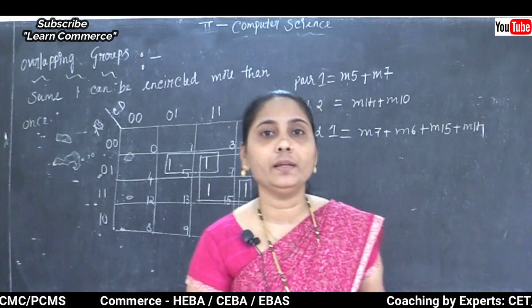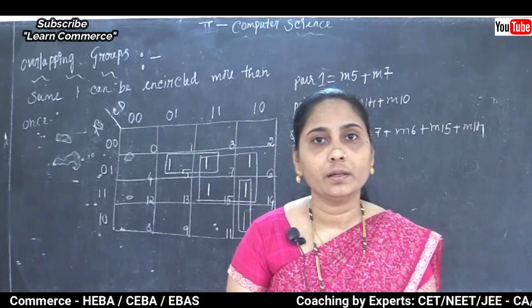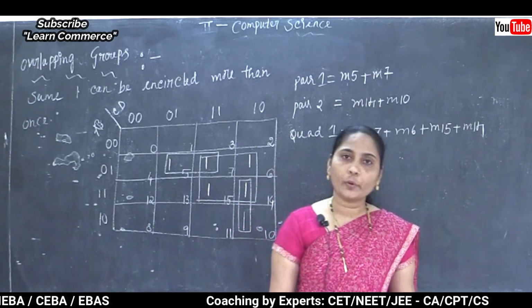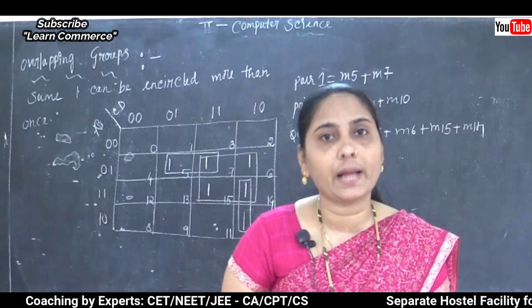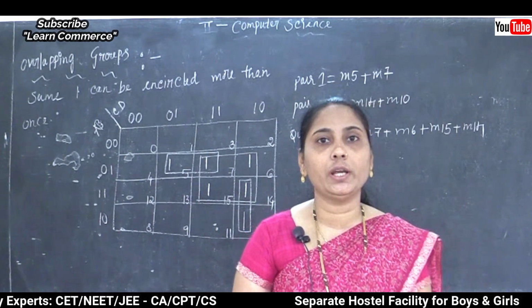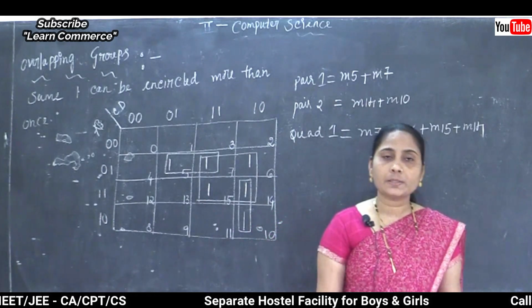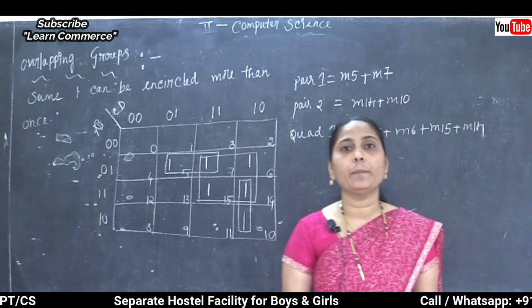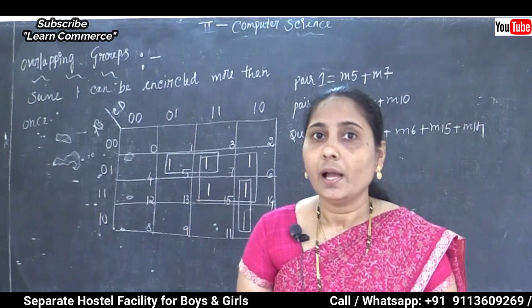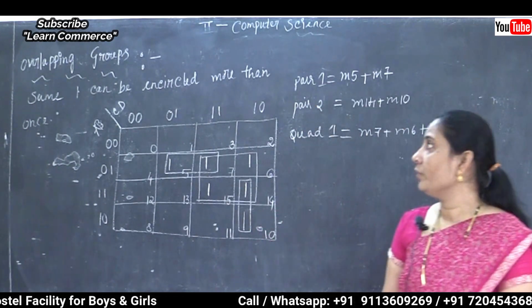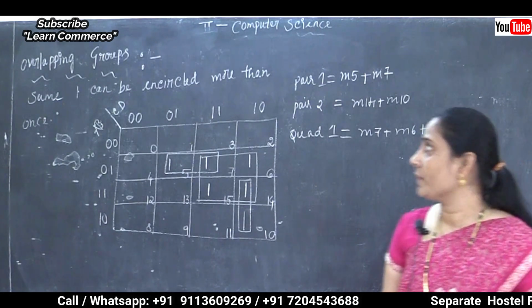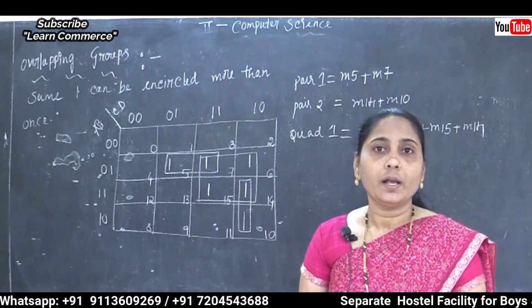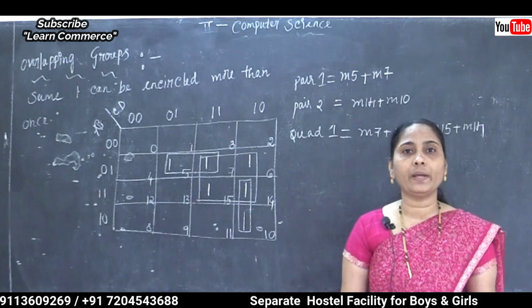Now after completing the pair, quad, octet, and map rolling, we know the meaning of map rolling: left edge touches the right and top edge touches the bottom edge. This special property is called the map rolling property. The second group we need to take care of is the overlapping groups.